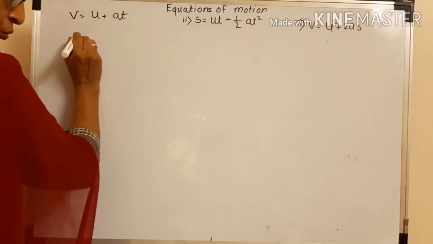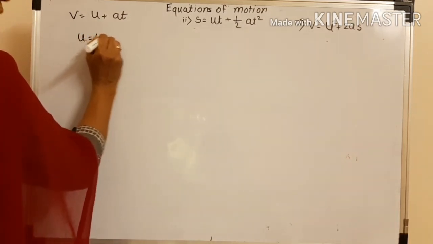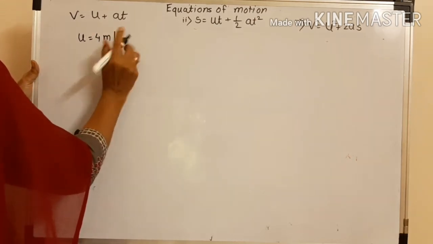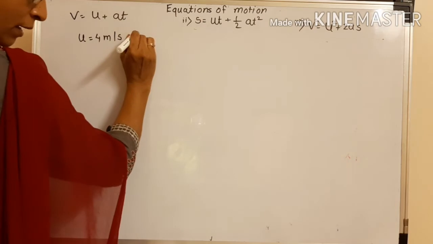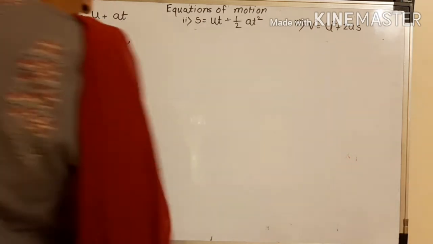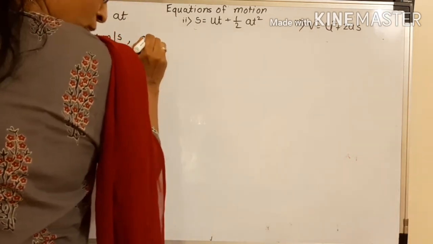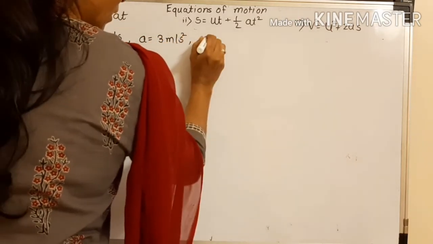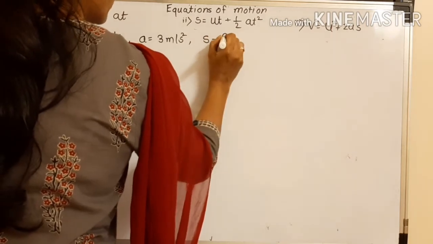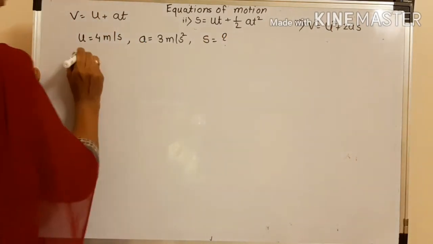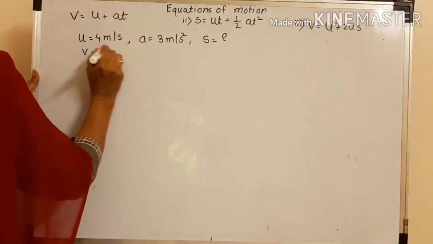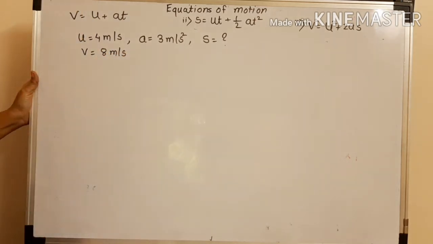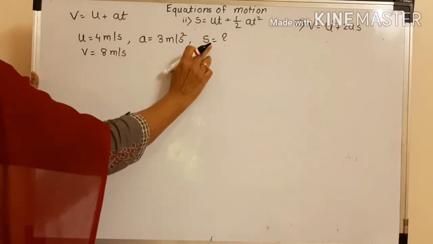For the first column, u is equal to 4 meter per second, a is equal to 3 meter per second square, and v is given to you, it is 8 meter per second. Now you have to find what is s.